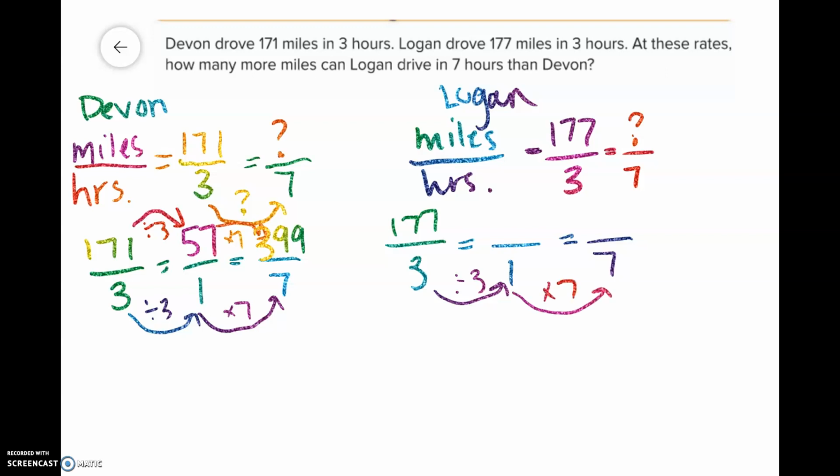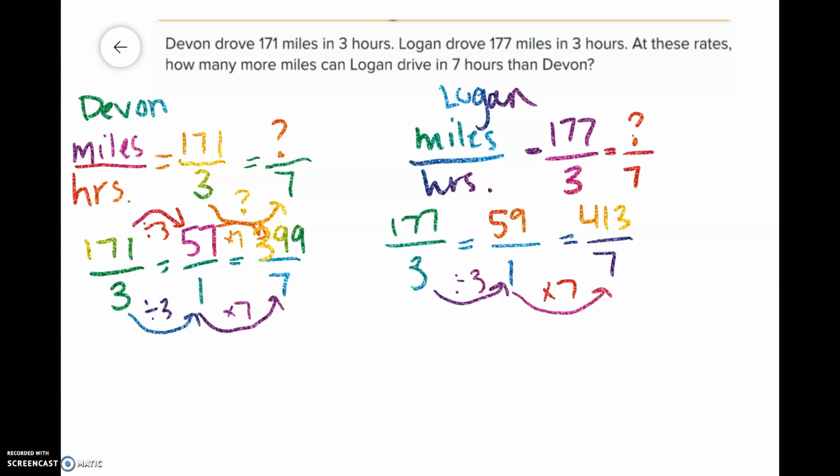So again, I'm going to get my calculator out. 177 divided by 3 is 59. And then 59 times 7 is 413.